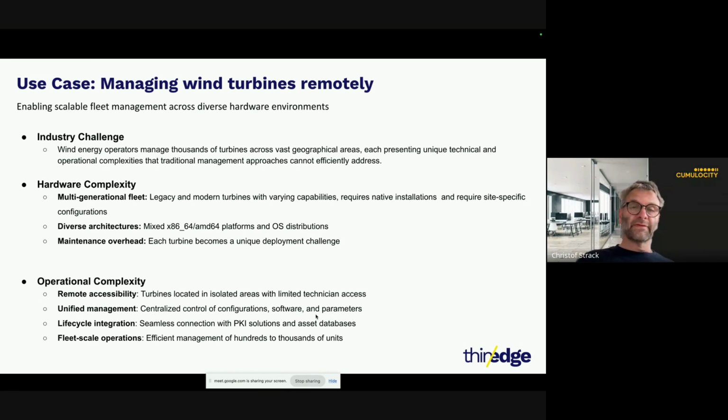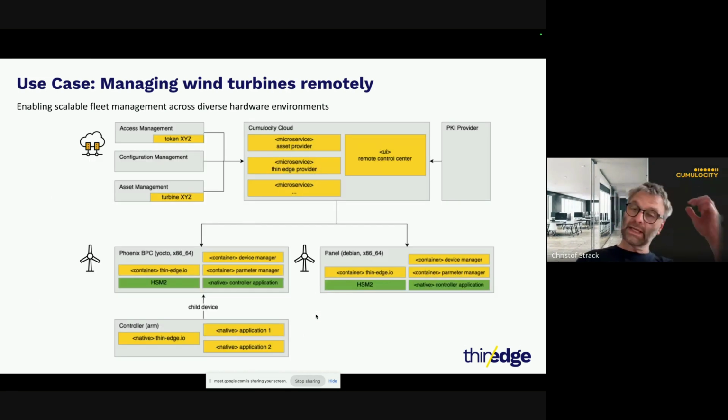How this is achieved, we can take a look at a high-level architecture diagram. I would like to lead you through this diagram from the very bottom. At the very bottom, you see two different types of controllers which are connected to the internet over LTE or other mobile networks.